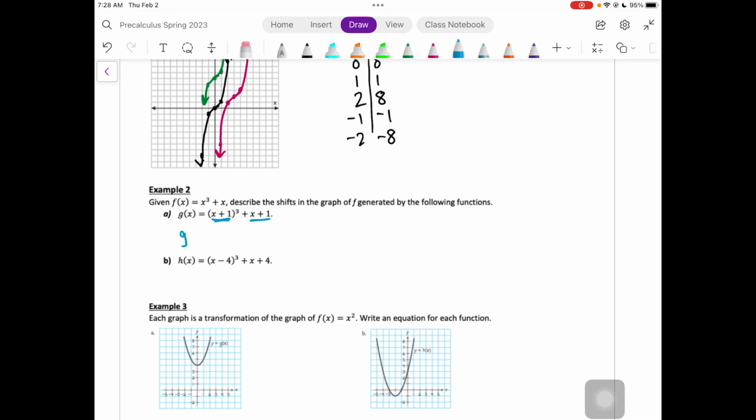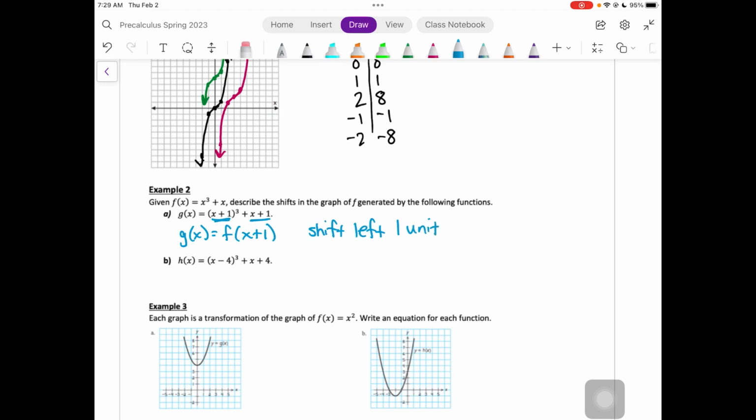So g of x is the same thing as f of x plus 1. Everywhere you see an x, they plugged in x plus 1. So that is a shift to the left because we are adding to the x value, the input, 1 unit.